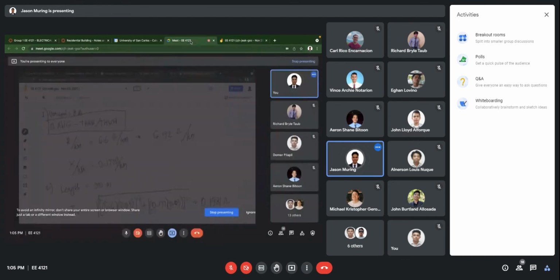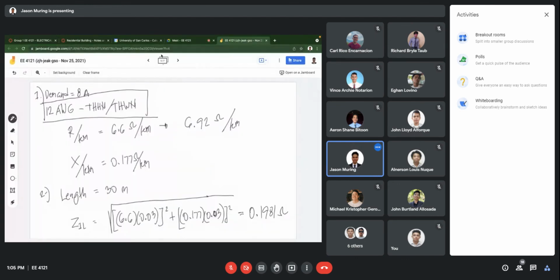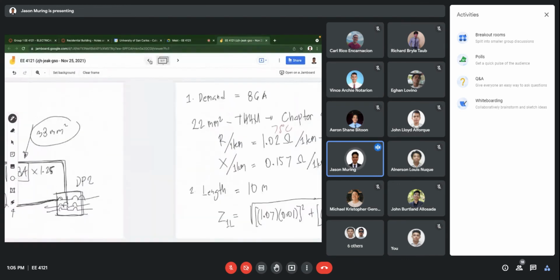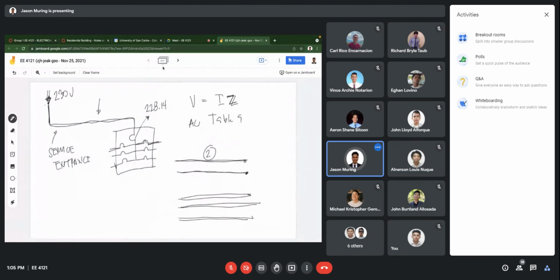Again, we're just dealing here with single phase. If ever you encounter three-phase problems, take note that in our table, we are given the line current, so automatically you can use it for your line current.